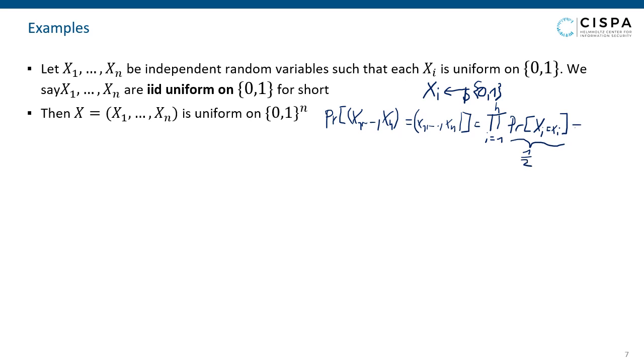So this is 1 over 2 to the n, which is just 1 over the size of this set {0, 1} to the n. There are 2 to the n elements in {0, 1} to the n. So we get that uppercase X is in fact the uniform distribution on {0, 1} to the n.